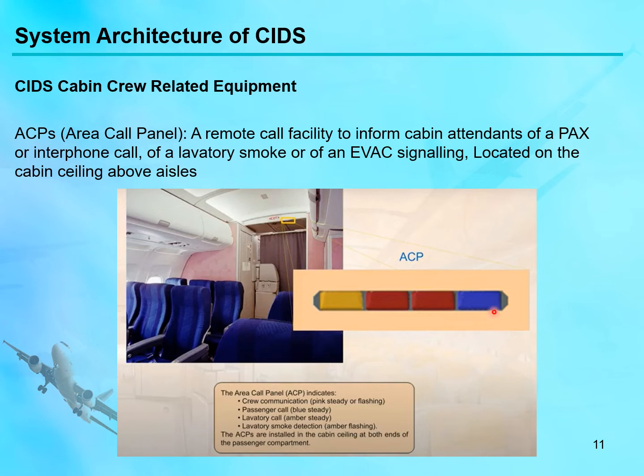And if it's a blue steady, that means there's a passenger call, right? If the toilet or the lavatory calls, there is an amber steady, right? And if there's a smoke detection, if you jokers go and smoke in the toilet, it will be flashing amber. Okay.